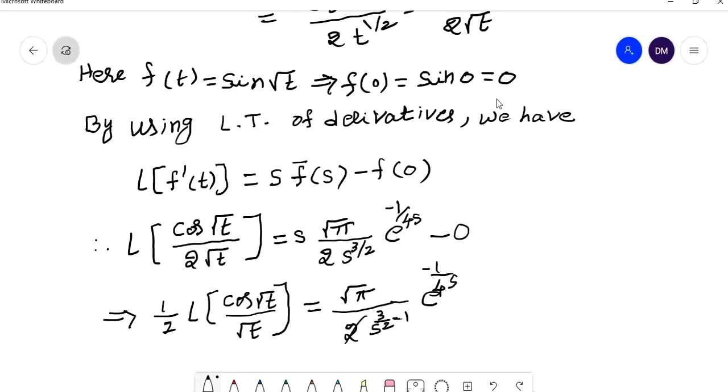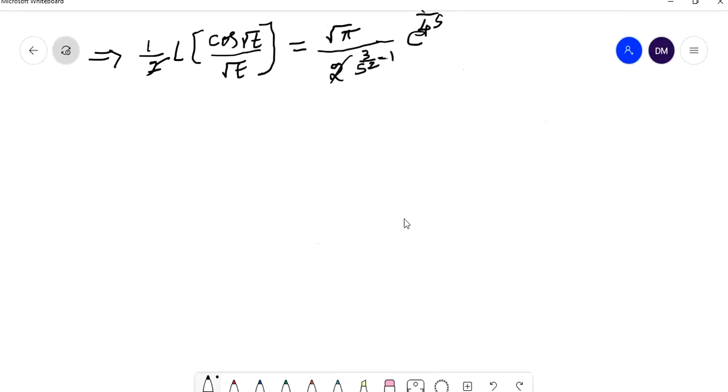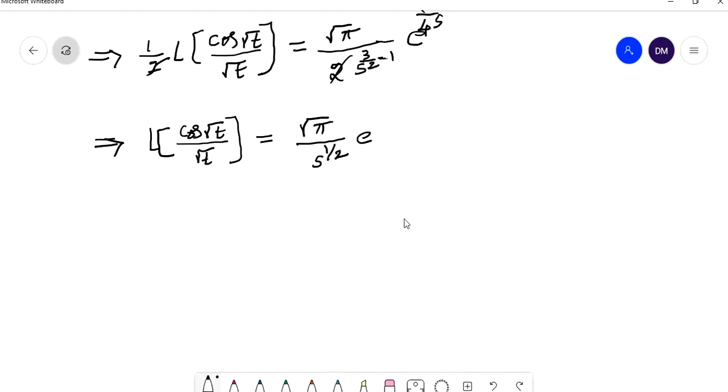Here 2 is cancelled, 2 is cancelled. So the Laplace transform of cos root t by root t is equal to root pi by s power 3 by 2 minus 1, means 1 by 2, into e power minus 1 by 4s.